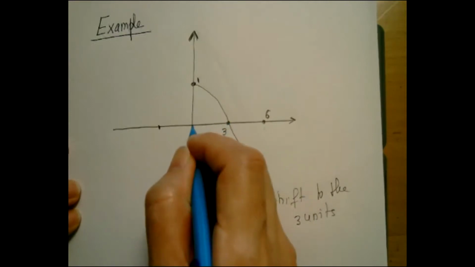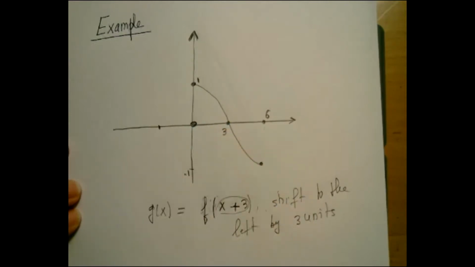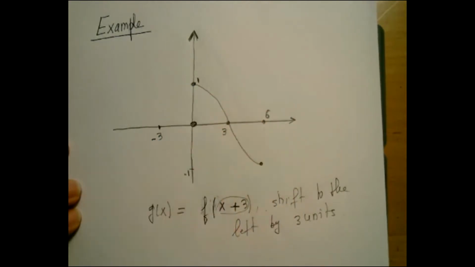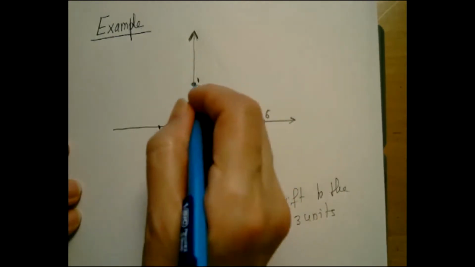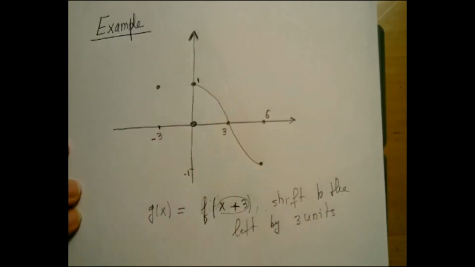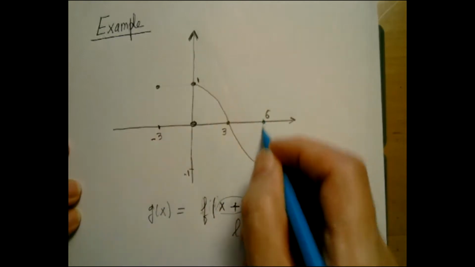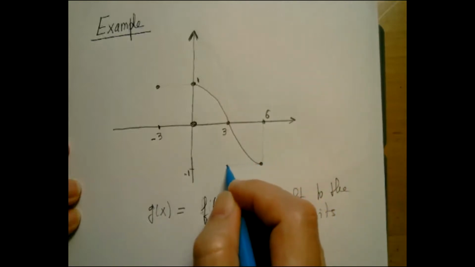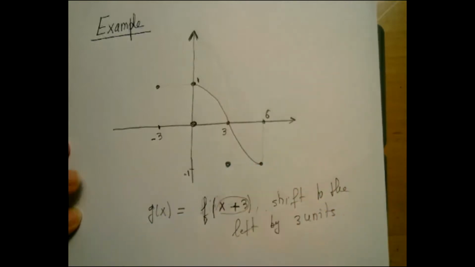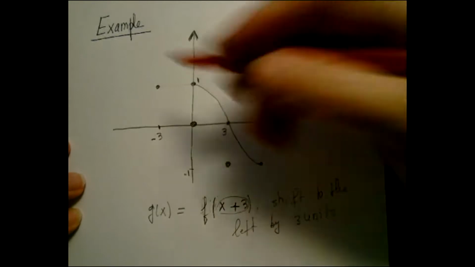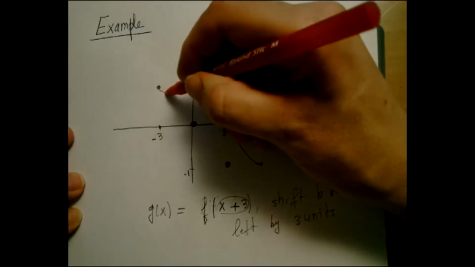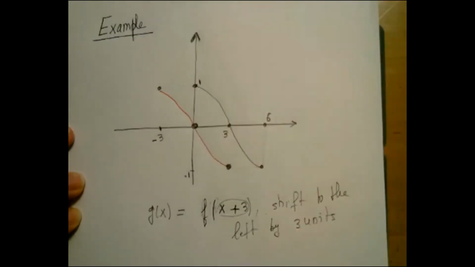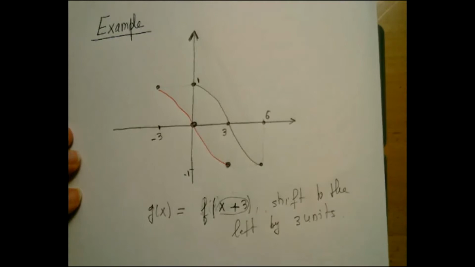What happened at 3 is going to be shifted here, to minus 3, because we're shifting to the left. This point, which is 6 in my picture, shifted to the left, will go right there. So now my function g looks exactly like f, but just shifted. It goes like that and like this. That's the shift.